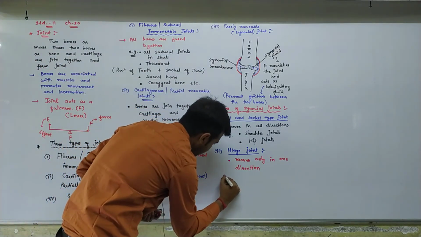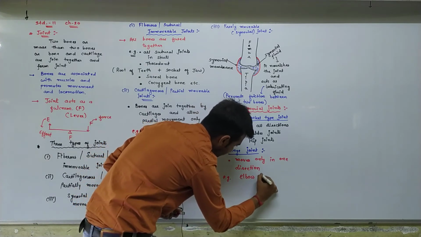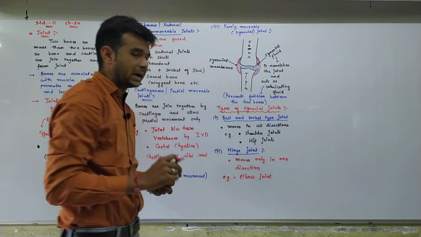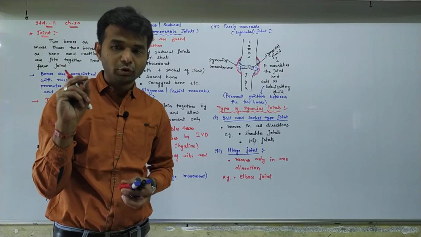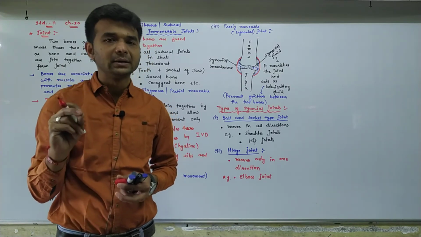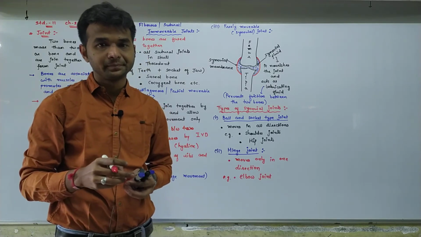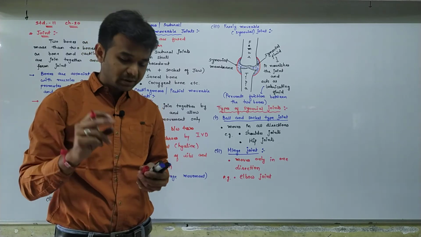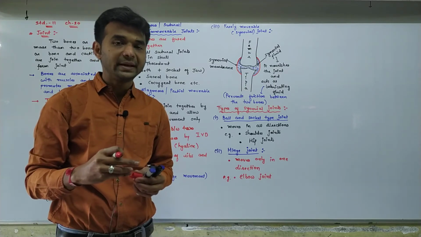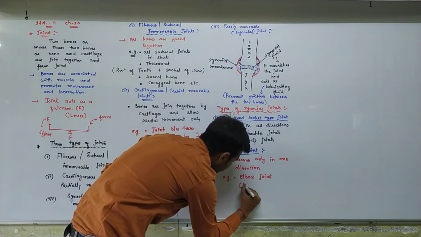Just for example, elbow joint. Yes, now you note down that elbow joint is the joint between the humerus and ulna. So elbow joint is also known as humero-ulnar joint. Please remember, there is no part of the radius in the elbow joint. So humero-ulnar joint.